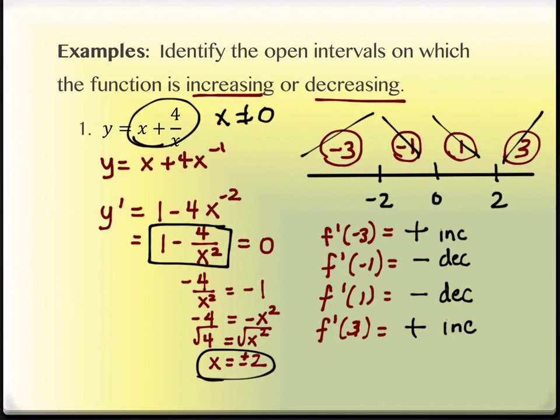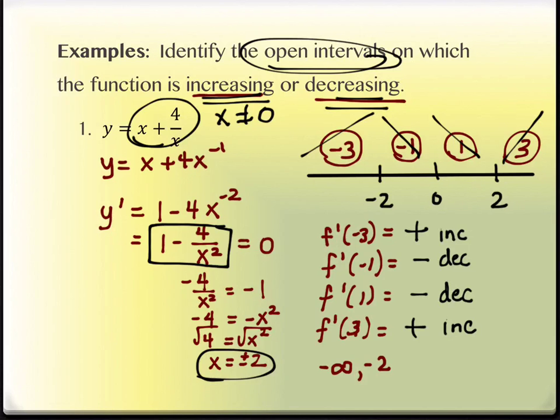The question actually asked us to identify the intervals where it's increasing and decreasing. So what we're going to write down are the intervals represented by this number line. As I'm reading the number line from left to right, what is the far most left-hand? Negative infinity, right. It's not really a value, but it's a concept, so negative infinity. And I will go all the way until -2.